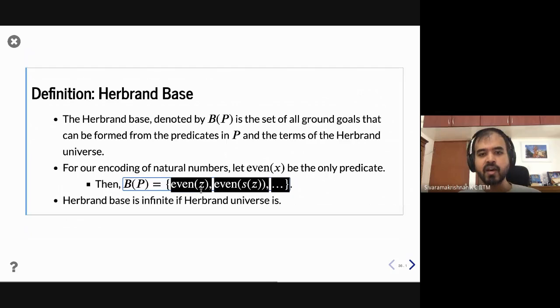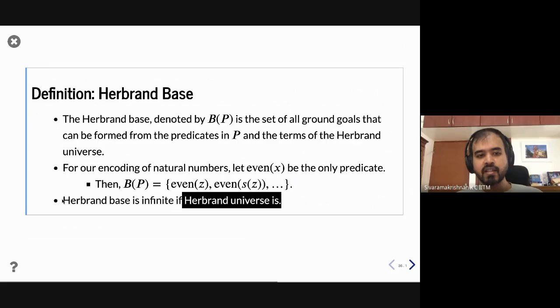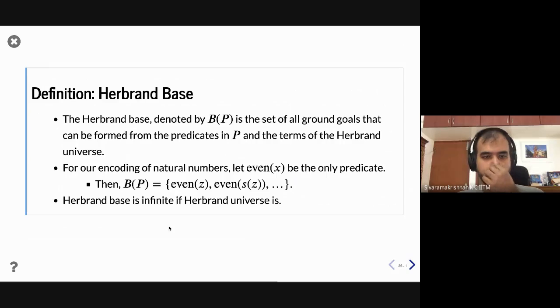Because we have z, s of z, s of s of z, s of s of s of z, and so on, my Herbrand base, which simply wraps even around these terms, will also be infinite. On the flip side, if the Herbrand universe is finite, then the Herbrand base is also finite. So this is just the nature of how functions behave.